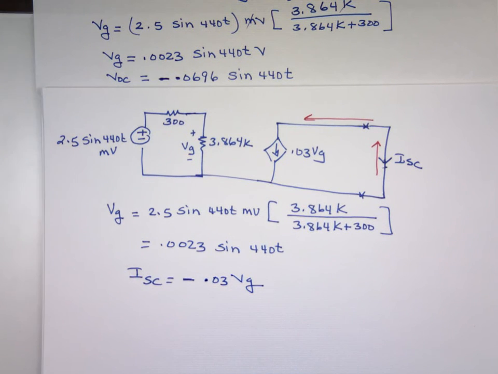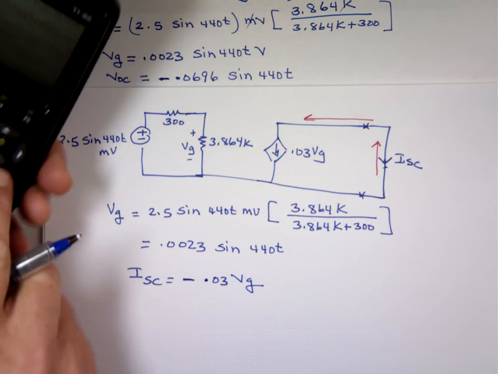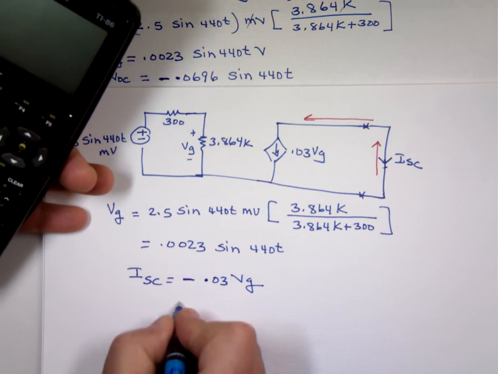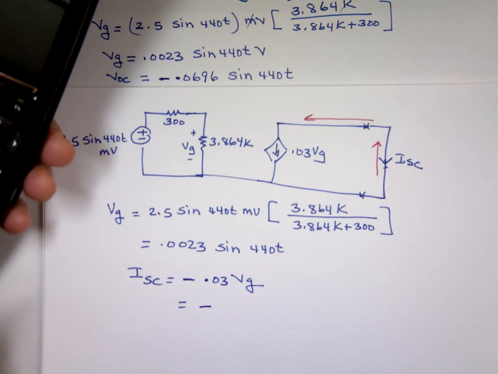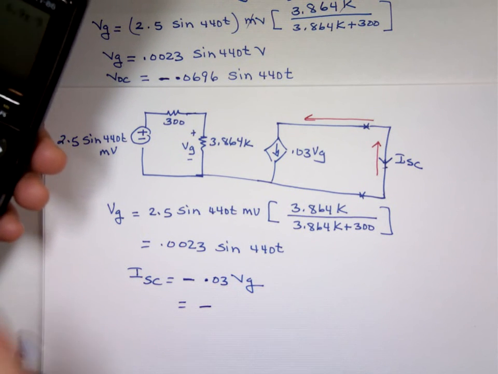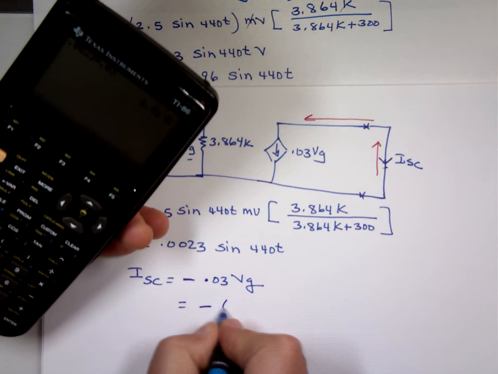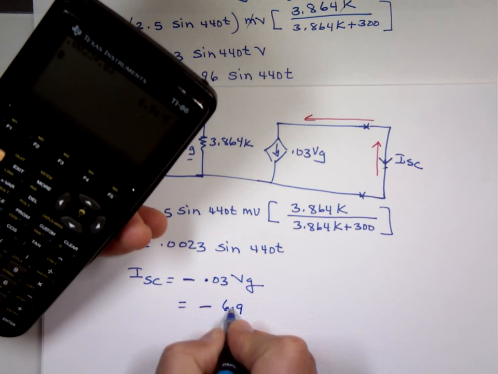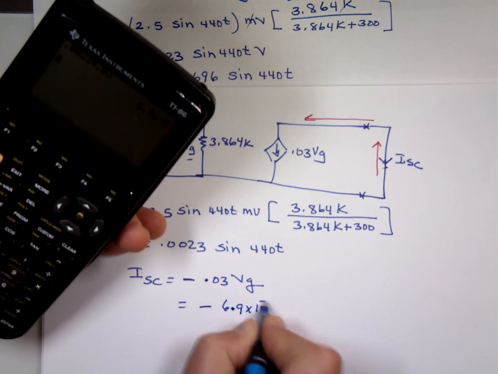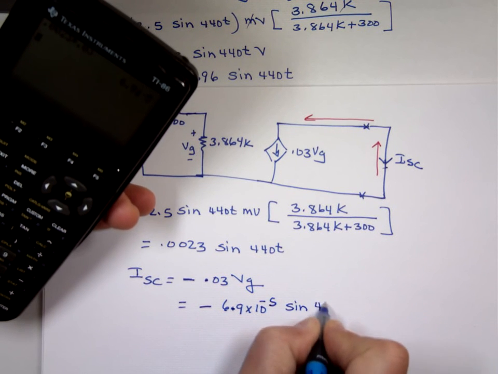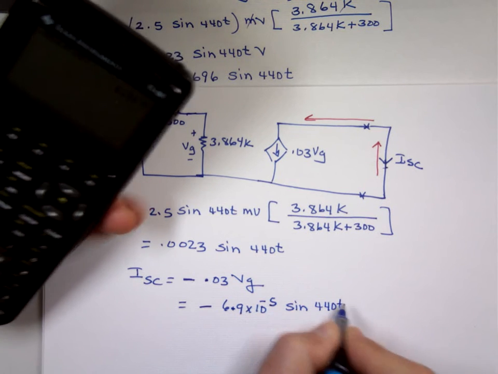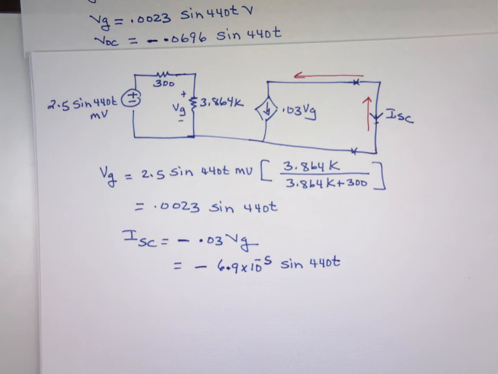So take that number, multiply by negative 0.03. 0.0023 times 0.03, 6.9 times 10 to the negative 5 sine 440t.